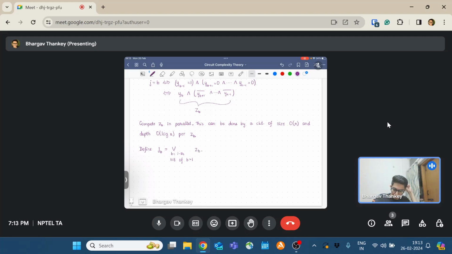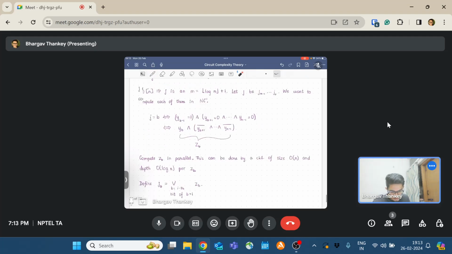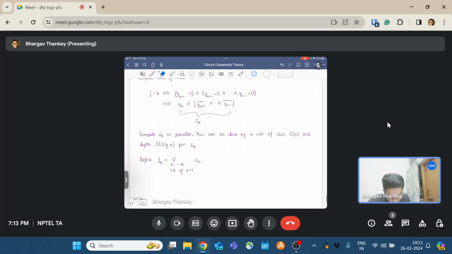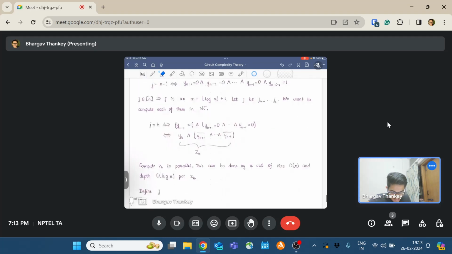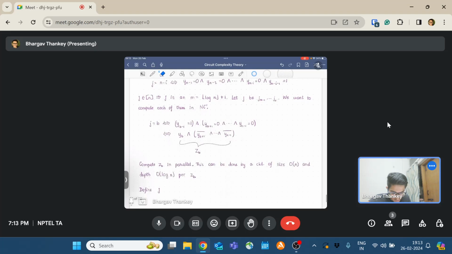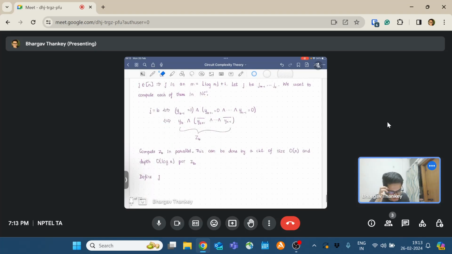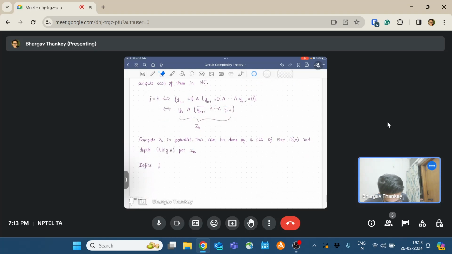Okay, so my claim is that... oh wait, I'm using i for this. Yeah, so I'm using b for this and I would use something else for the index. So let me use J_L. Okay, let me write it like this.